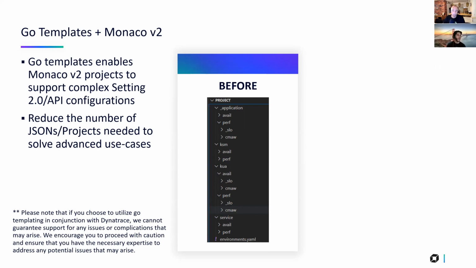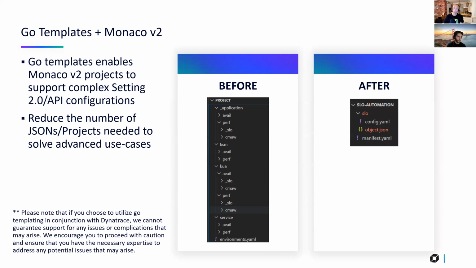Applying Go templating on this, I was able to come up with a solution where I have a single project called SLO, and in that config YAML, you can manage what entity and what SLO type to push for that entity. So it'll definitely reduce the number of lines of code that you have to manage.